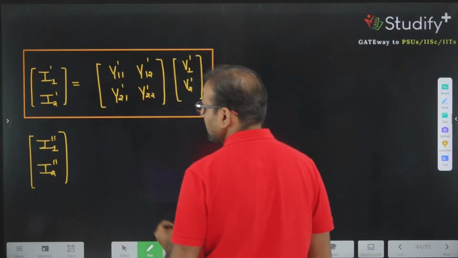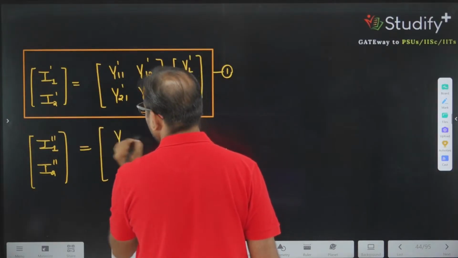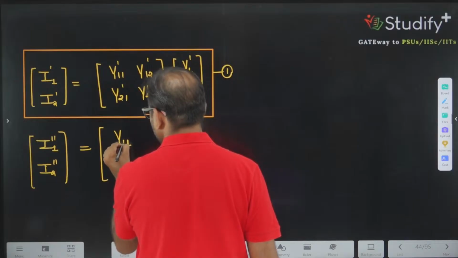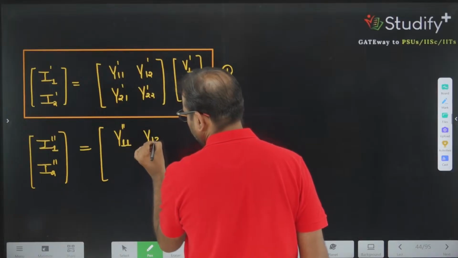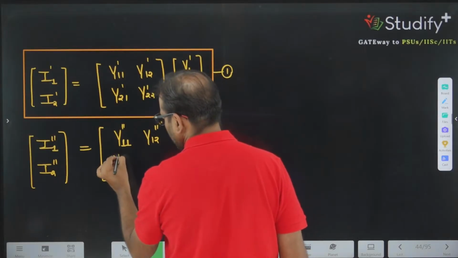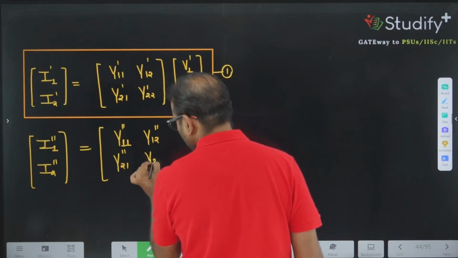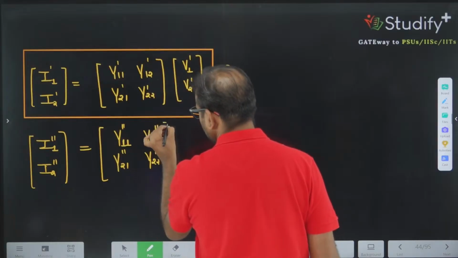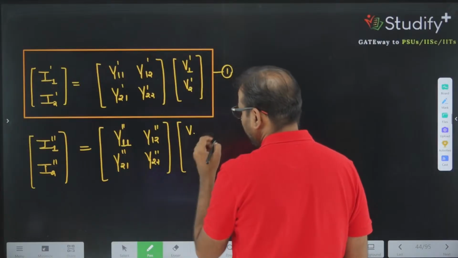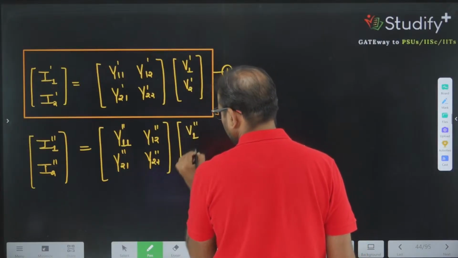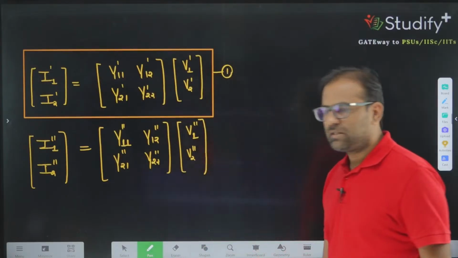The Y parameter for the second network is written as Y11 double prime, Y12 double prime, Y21 double prime, Y22 double prime, and this is multiplied by V1 double prime and V2 double prime. This is the idea.